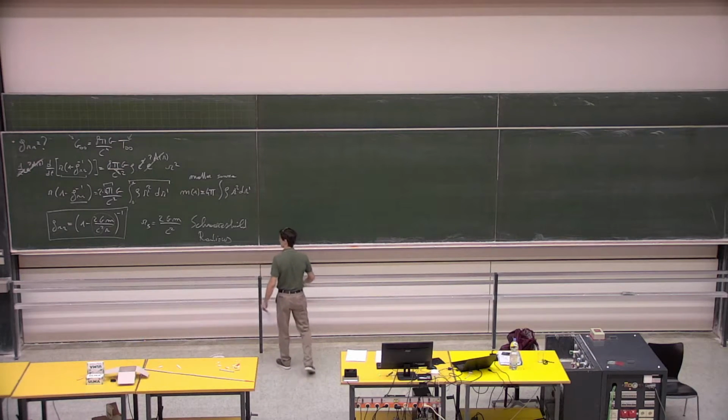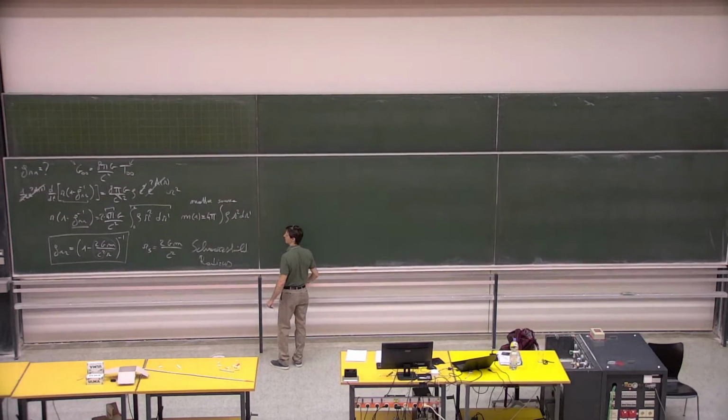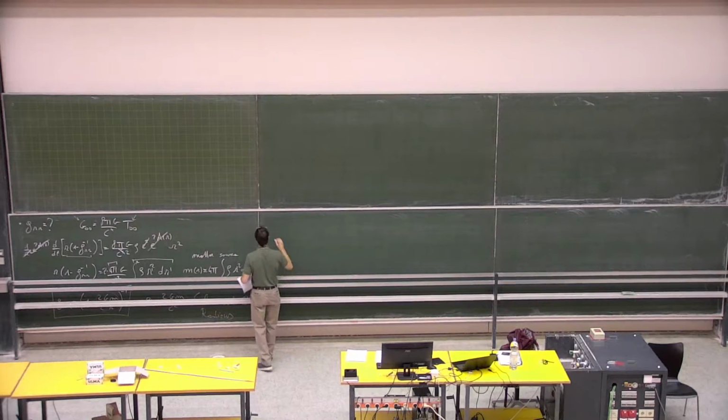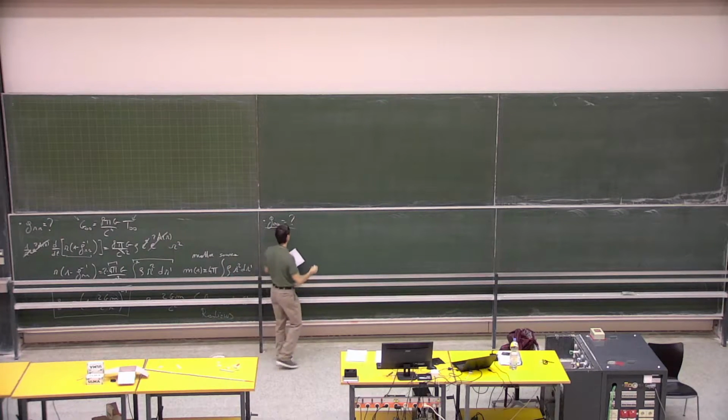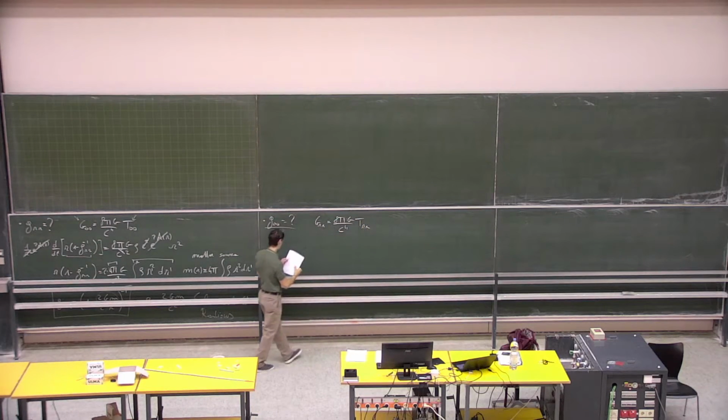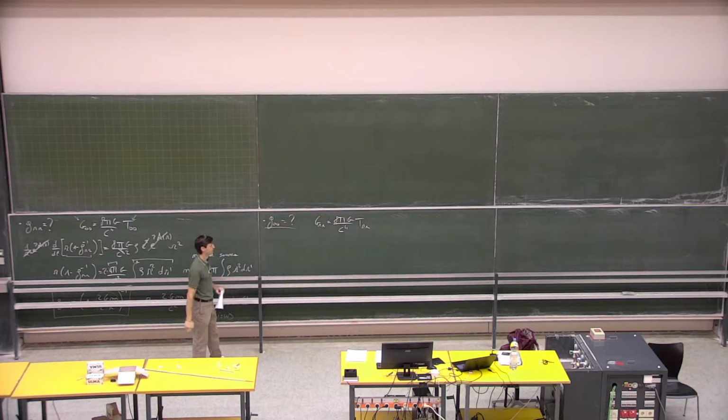We shall continue and go for the other coefficient of the metric, G00. Equal to what? Again, we just use Einstein field equations. This time for the RR components, 8 pi G over c to the power of 4 TRR, exactly as before.